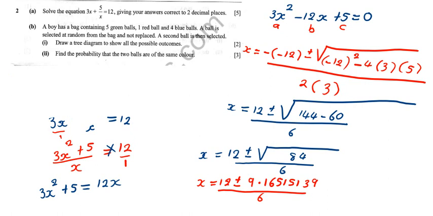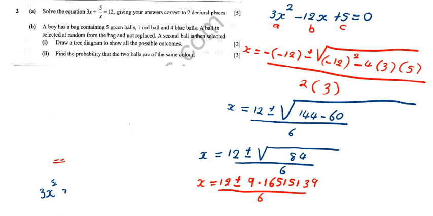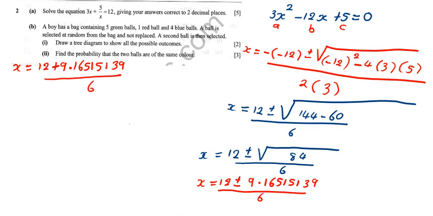So we go with the positive first, and later on we go for the negative. So let's say x is equal to 12 plus 9.165151 over 6.